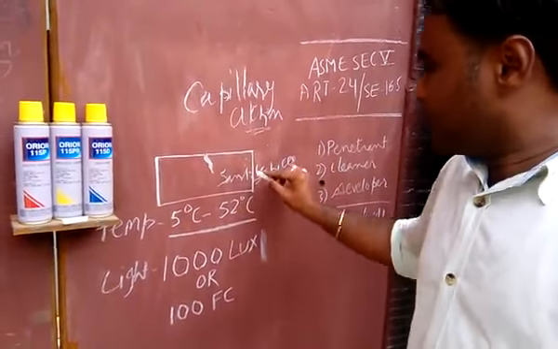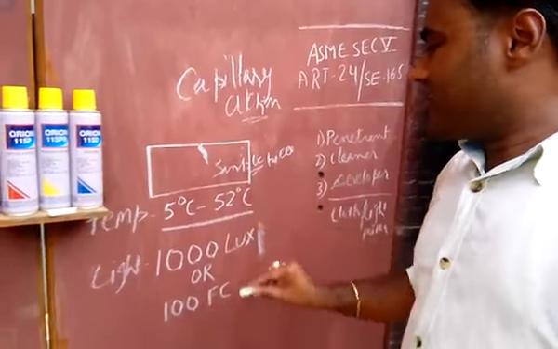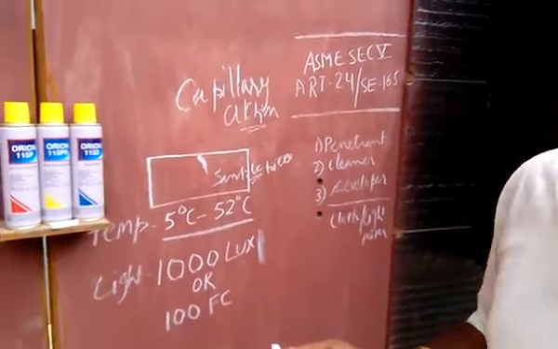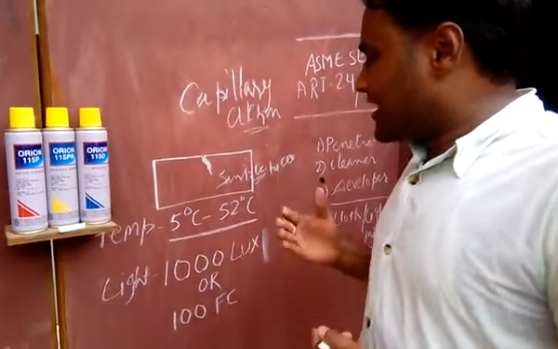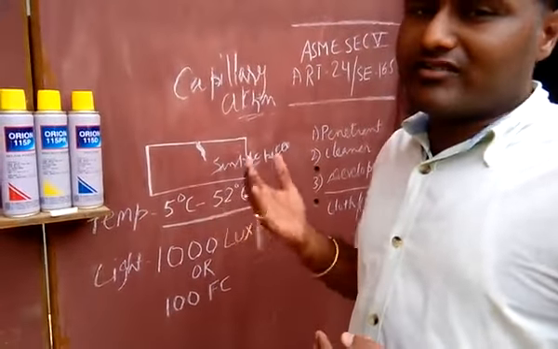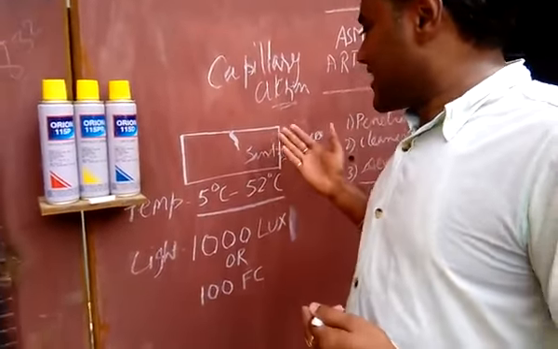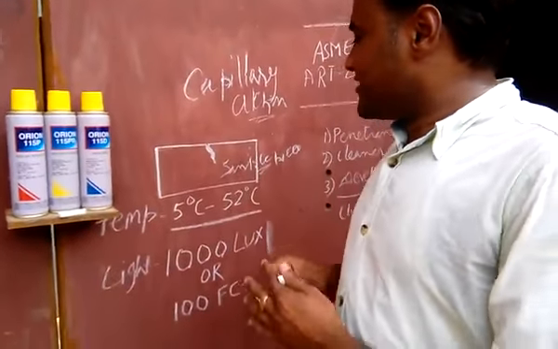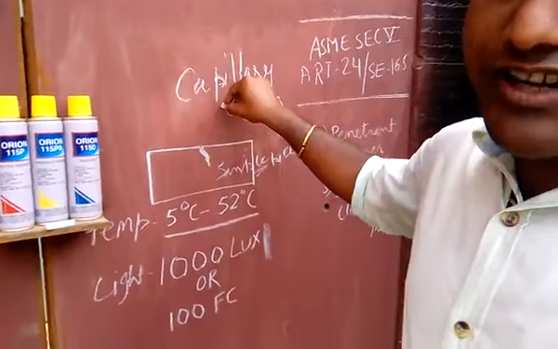The temperature which we have to maintain is between 5 degrees to 52 degrees Celsius. If we are conducting our test at ambient temperature, then we can go beyond the dwell time also. But at elevated temperature, we should restrict ourselves to dwell time. Why? Because at elevated temperature, there is a chance of the penetrant getting evaporated due to the high temperature.